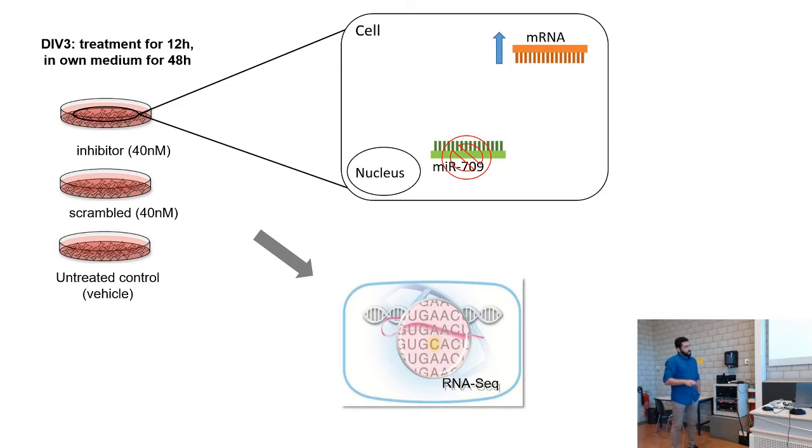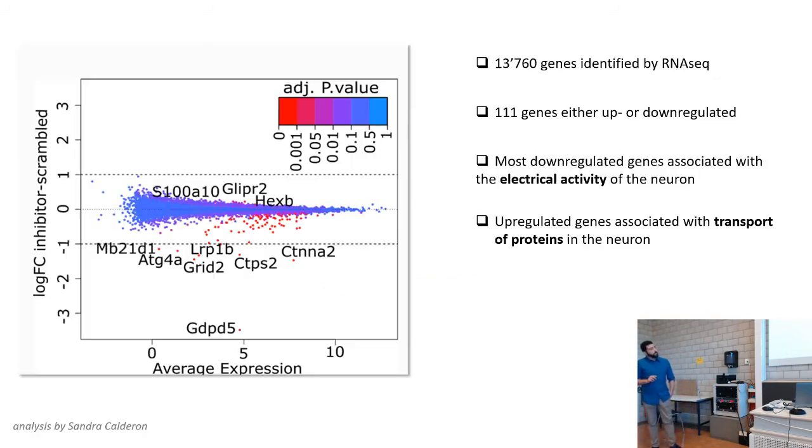And we assessed gene expression, so we assessed the levels of these transcripts by RNA sequencing. This is exactly what we saw. So first of all, 13,760 genes were identified by the RNA sequencing. Out of those, only 111 were differentially expressed. And here are some examples of these genes.